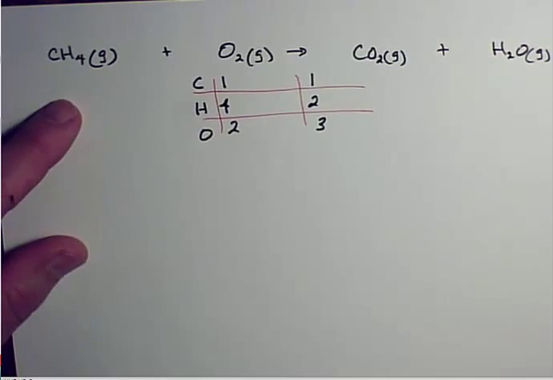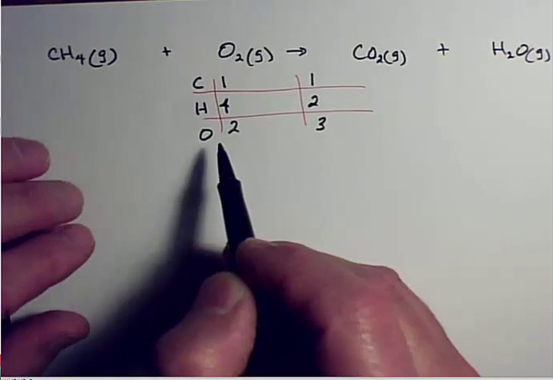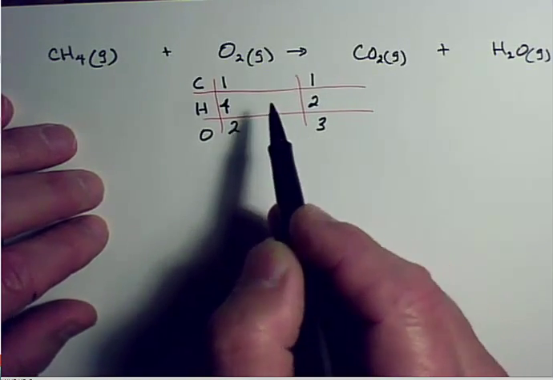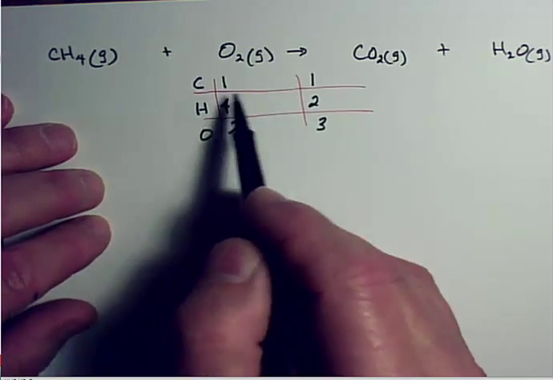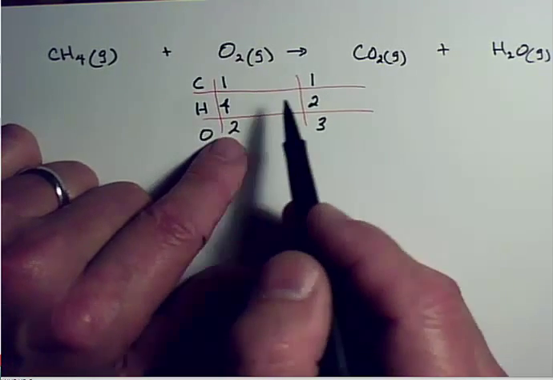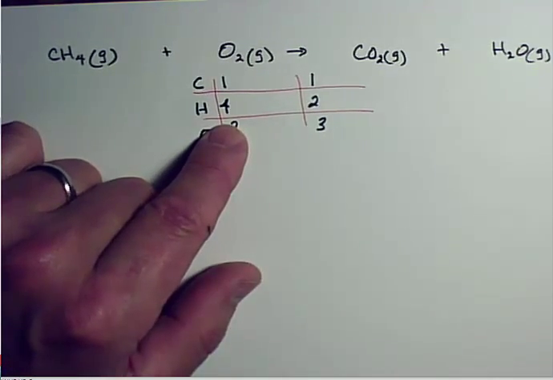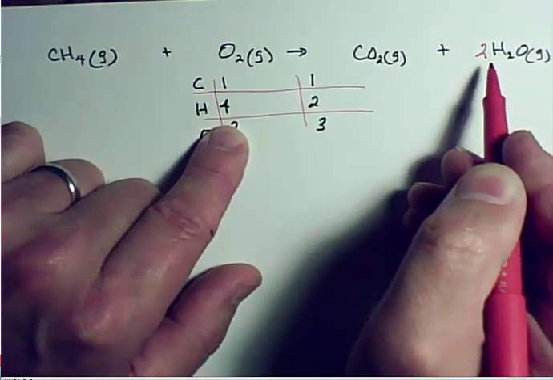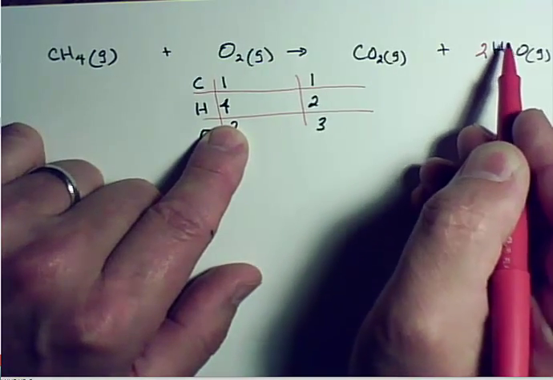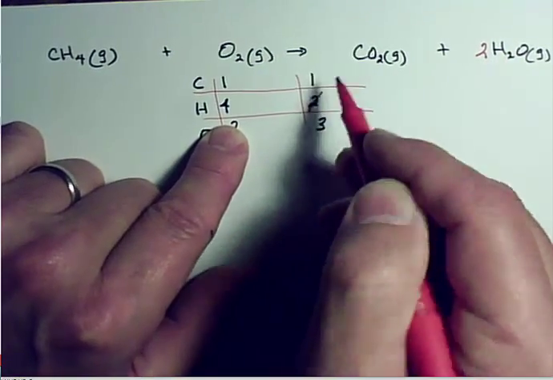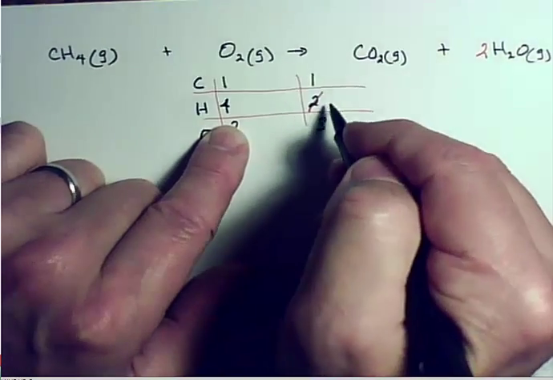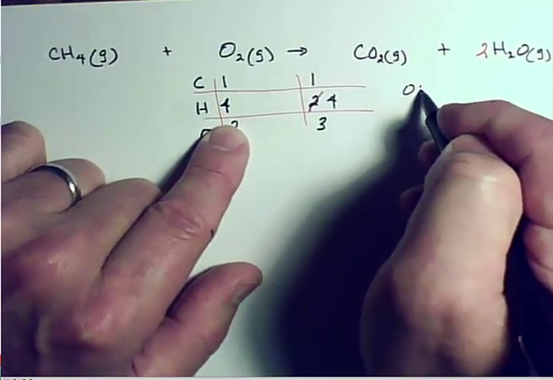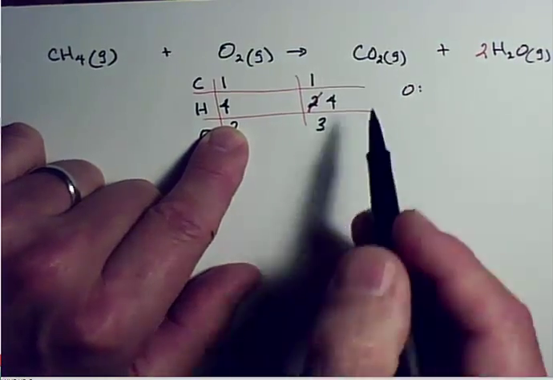Now, what we always want to do is save oxygen for last, hydrogen next to last, but carbon's already balanced, so we're going to start with hydrogen. To get 4 hydrogens on the right, we'll need a coefficient of 2 here. That's going to multiply the 2 hydrogens in the formula by 2, and we're going to get 4 hydrogens. Now, the oxygens are in 2 places on the right.